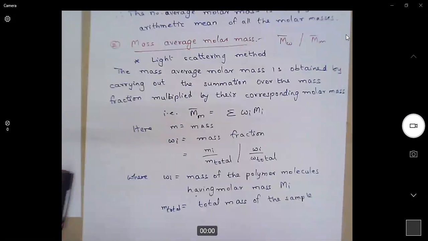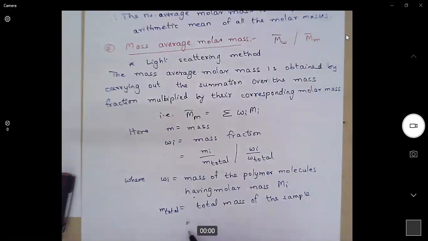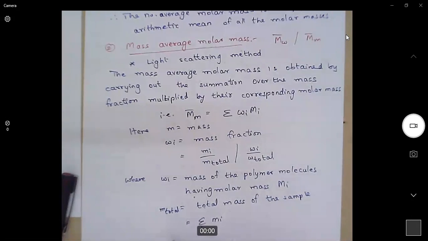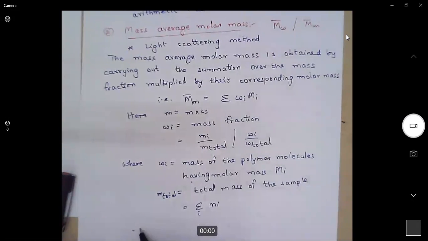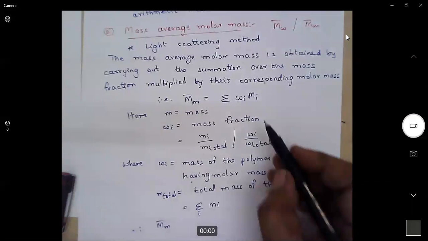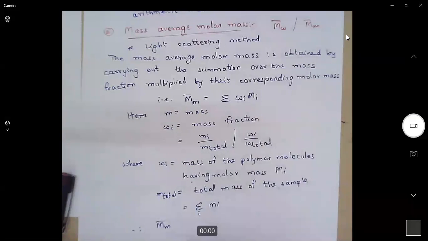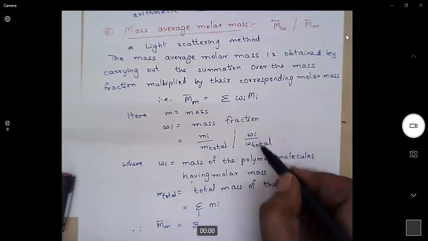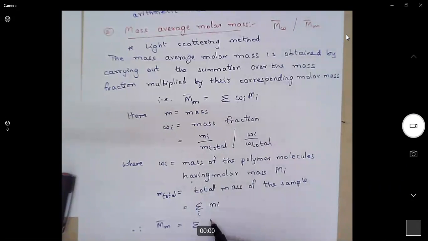Total mass of the sample can also be obtained by sigma mi over i. It is like N total. Therefore, what is M bar m? M bar m is sigma Wi Mi, sigma Wi. What is Wi? It is mi by m total, or we can write Wi by W total, into Mi.